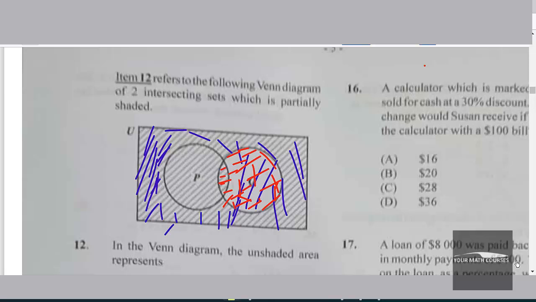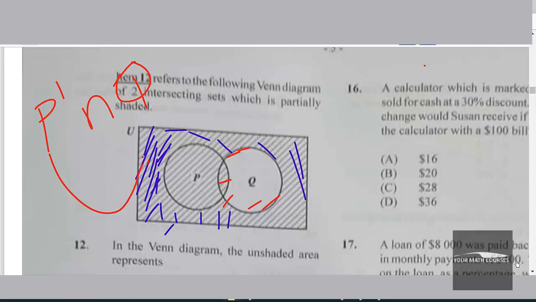So that region is P prime intersection Q. P prime is this region here, and Q is all the region inside the Q. They intersect at this unshaded region.